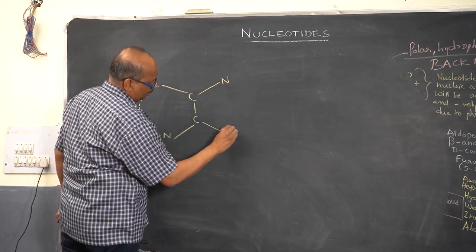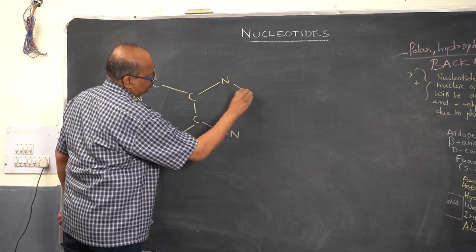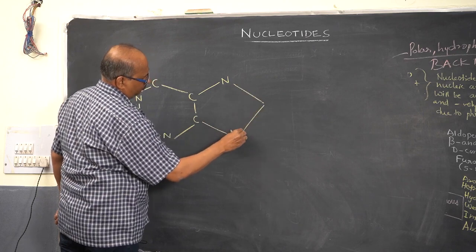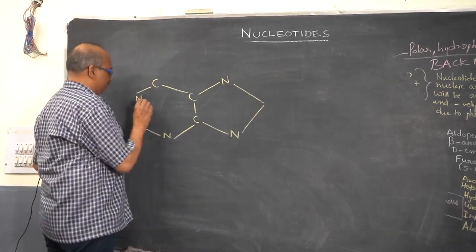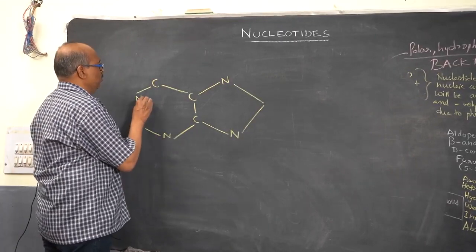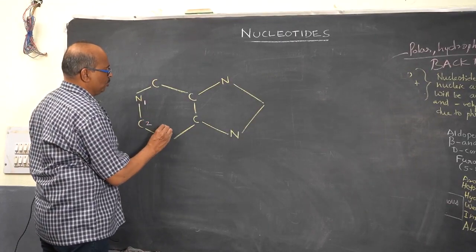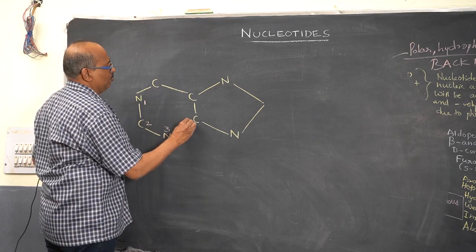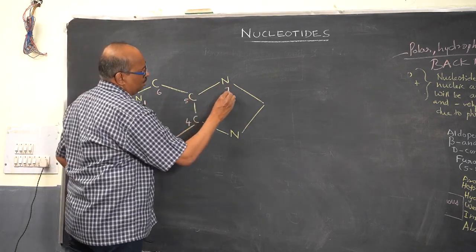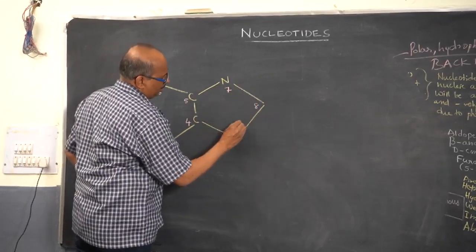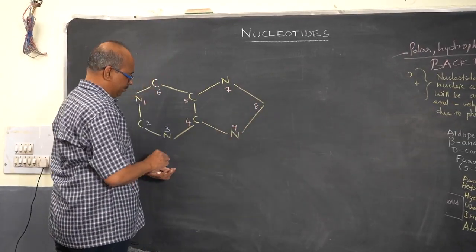This is the imidazole ring. So we number from here: 1, 2, 3, 4, 5, 6, 7, 8, 9.